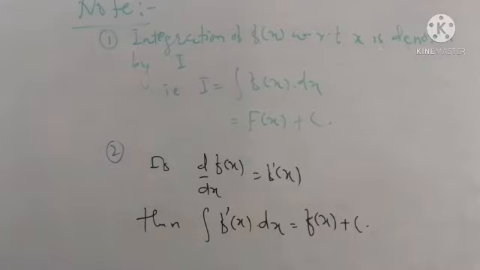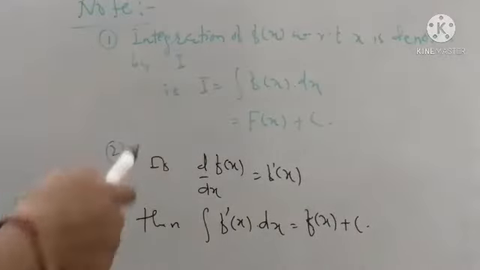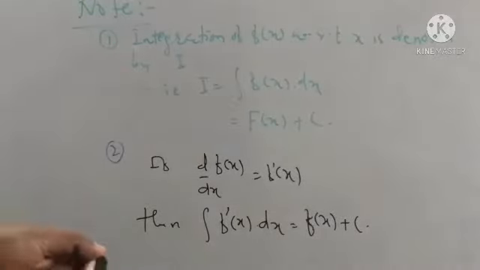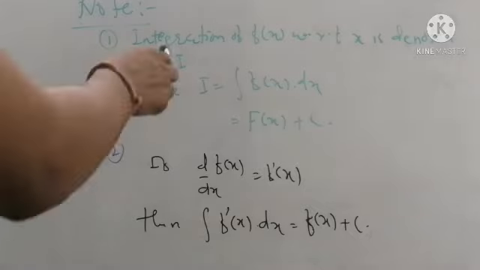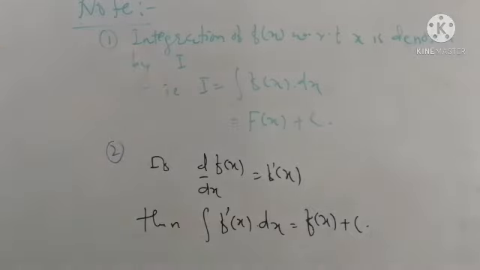Okay, notice the integration of f of x with respect to x is denoted by I. Yes, integration is a process of summation. Always after completion of summation, or adding a number of objects, we get one object. So integration is always denoted by capital letter I, as it is a summation. You can compare with the derivative. The derivative is a rate of change. It means it changes all the time.